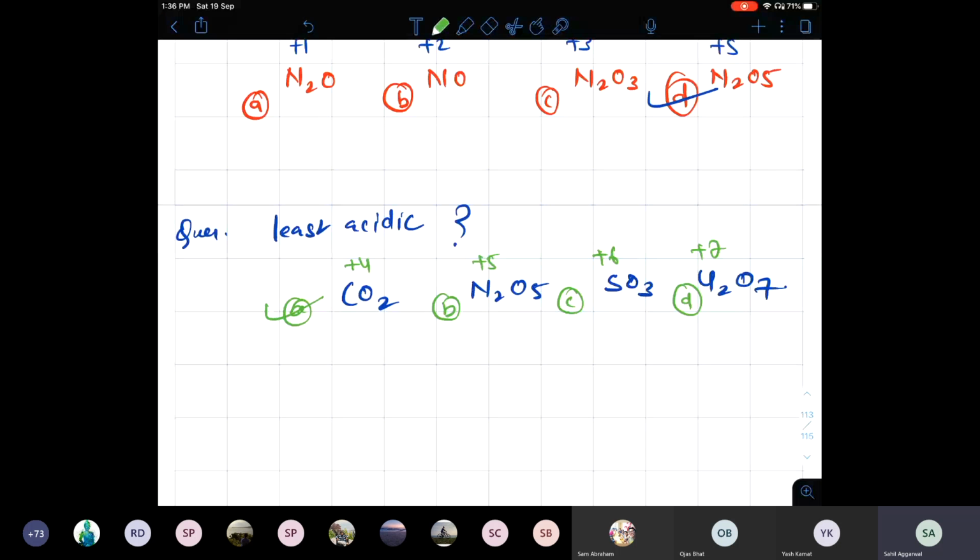Least electronegative element will never take negative charge on it. What I am saying is you will never get negative charge on the central atom in such questions.